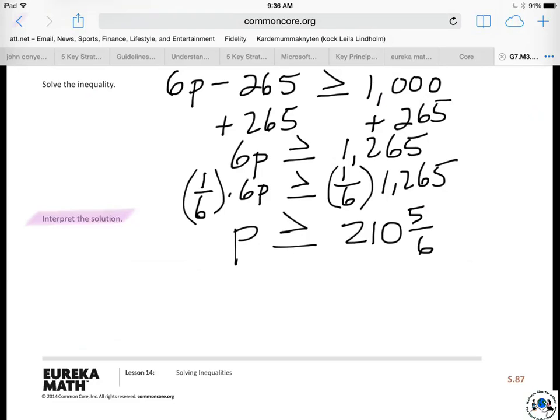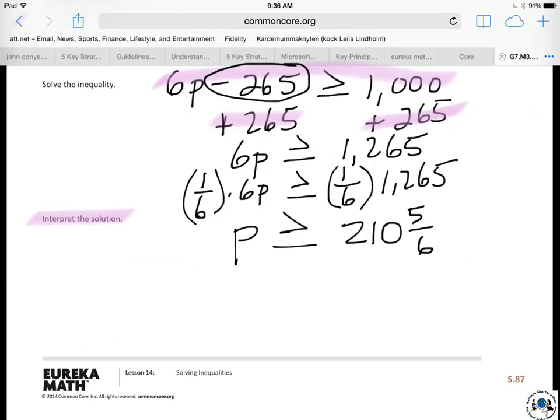Okay, and here we are back with the solution, and starting off with my inequality here. And again, going through the same moves as I would with any other equation. In this case, of course, I am adding back 265 to both sides here, because I am trying to eliminate this negative 265 here, to get rid of that.